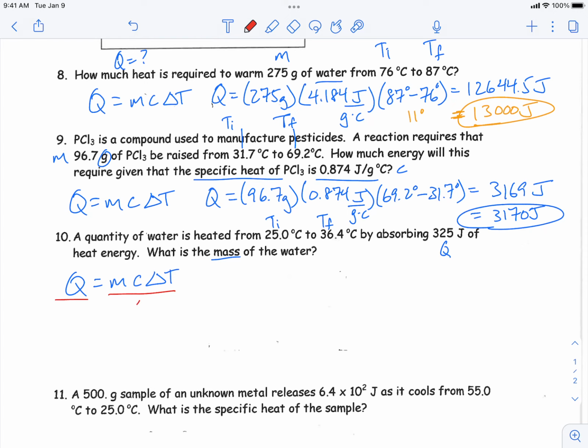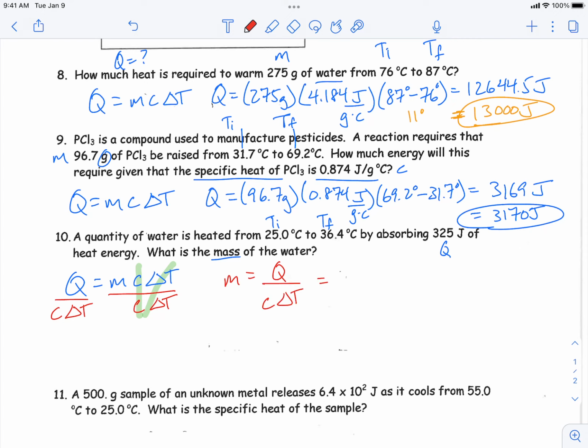So I want mass by itself. Mass is being multiplied by C delta T. So we're going to divide by C delta T, which is going to have those 2 things cancel. So my new formula then, mass equals Q over C delta T.